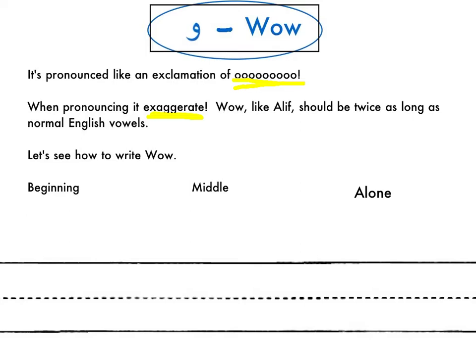Waw, when it's written alone, it's written like this. Example, zawj, which means husband. When waw is in the middle, it usually connects to the letter before it, like this.